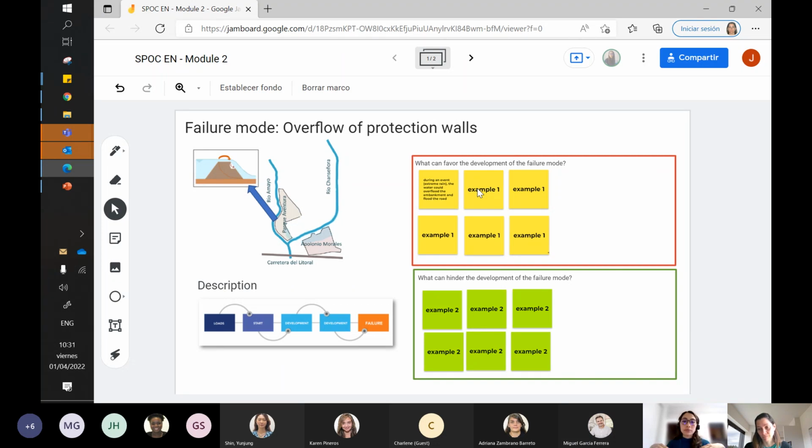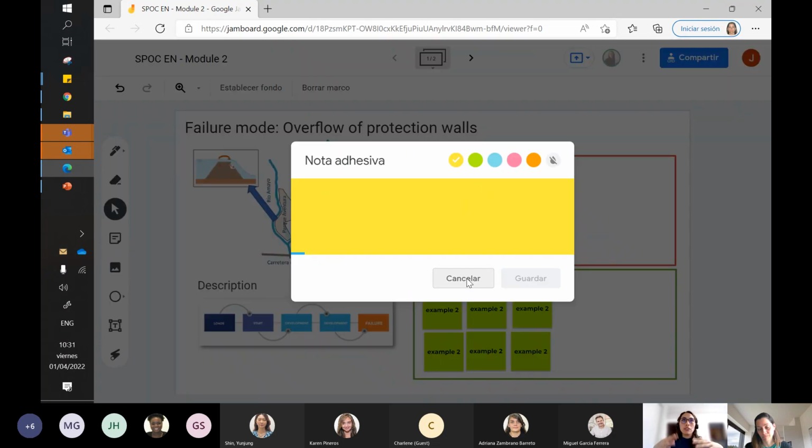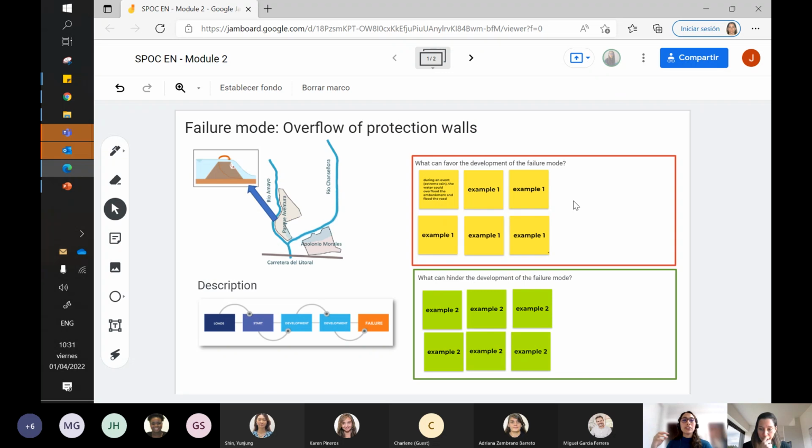So the development of the failure is that water starts to reach certain areas where we don't want water. So we can have losses of livestock, as Sonia mentions, but we can also have direct impacts on our infrastructure, for example here in the park. The operation of the park may be interrupted.